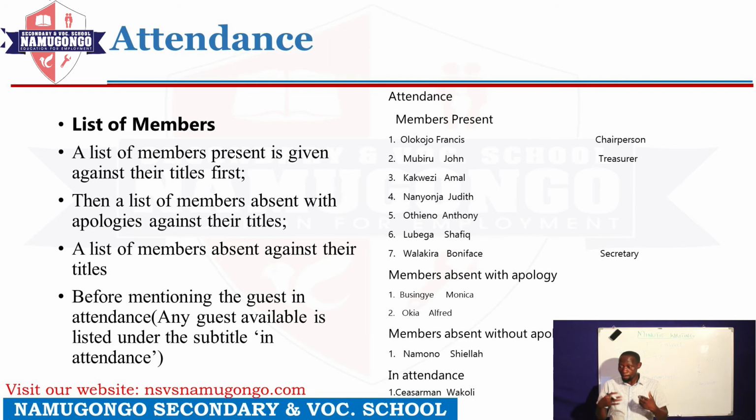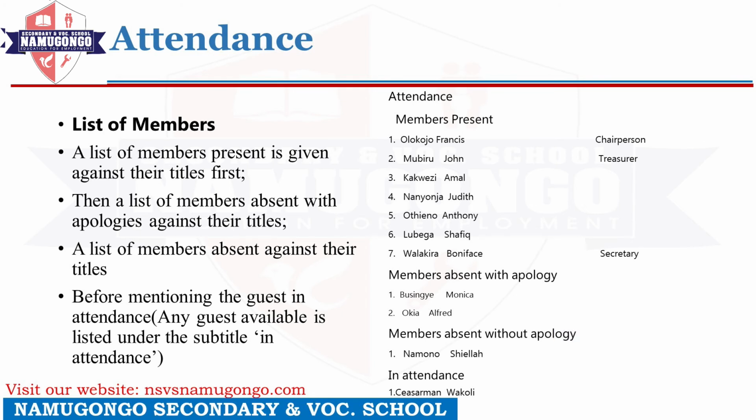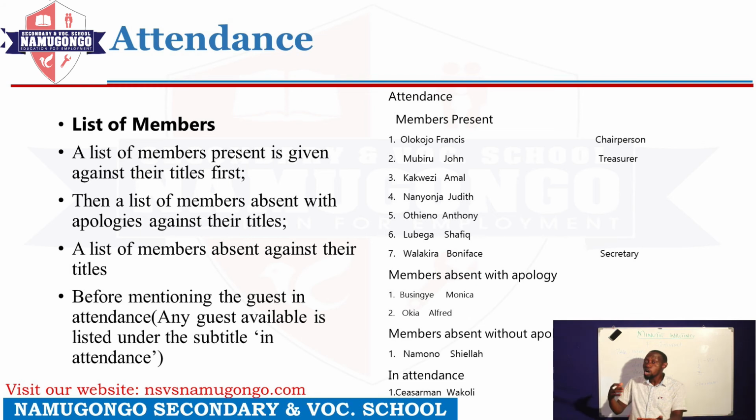Then we go to members absent with apology. Here we're not going to list very many of them unless maybe you are really writing the actual minutes in a meeting that you are holding. We are saying we only had 2 people here, Bushinja Monica and Okia Alfred. What about members absent without apology? Here too, we have not taken a long list, but we are saying we have one person who was not present, and that happens to be Lamono Sheila.